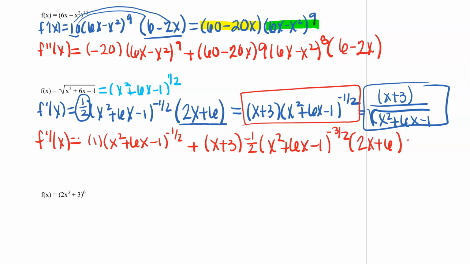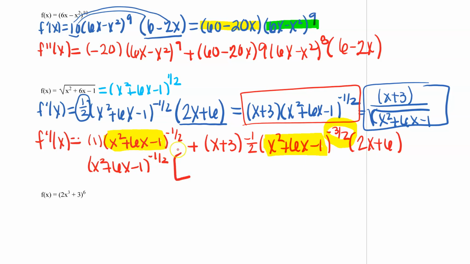Now I am going to clean this up a little bit. I know that sounds enjoyable for you. This right here, this grouping, you can see I have in both terms. And so when you're factoring out what they both have, you take the smallest of the two exponents, and this is actually the smallest of the two exponents. So I'm going to pull that out front. This would give me x squared plus 6x minus 1 to the negative 3/2.